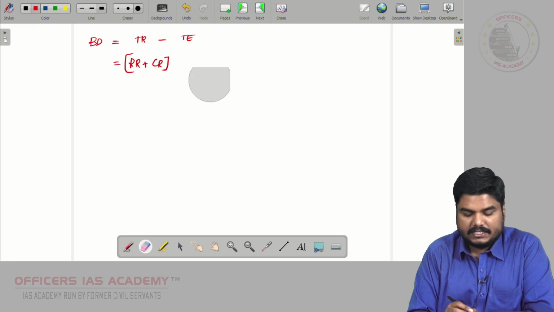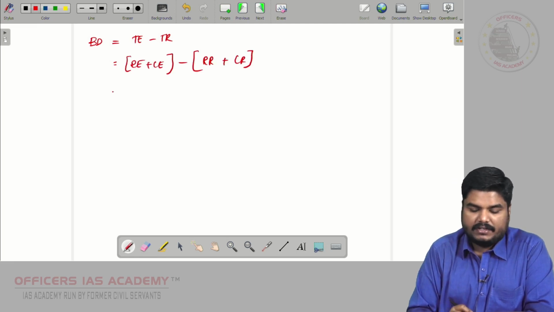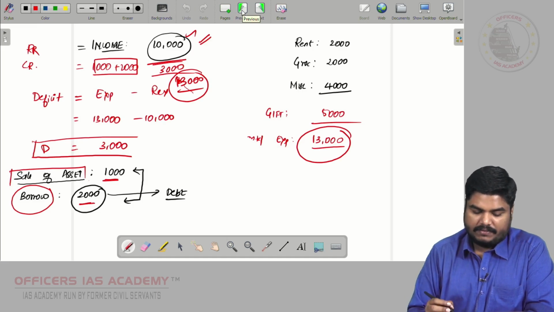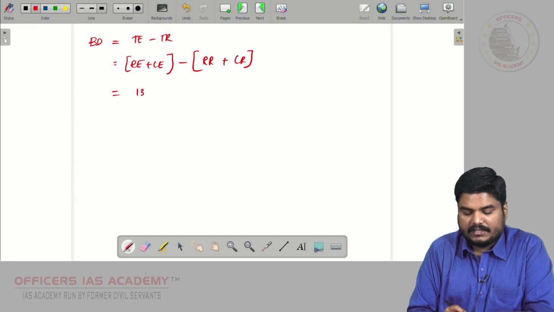My total expenditure is my revenue expenditure plus capital expenditure, minus my revenue receipt plus capital receipt. Friends, what is my total expenditure? I said total expenditure is 13,000.